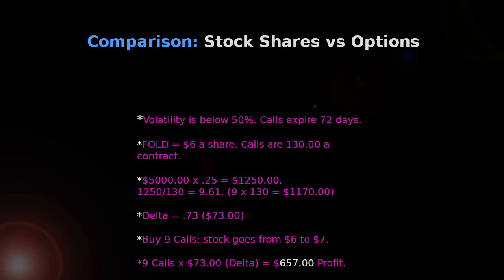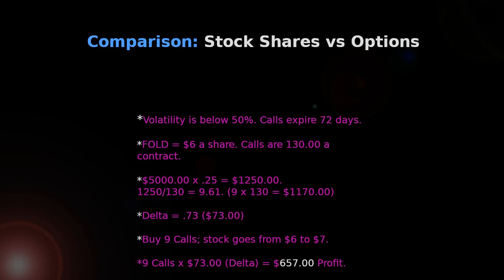Now again, instead of buying stock shares, you take advantage of options and you decide, through charting analysis and using your studies, that FOLD looks like it will advance upward at least $1, from $6 to $7, over the next 5 days. And you decide to buy call contracts with volatility being below 50%. You see that the calls that you are interested in expire 72 days from now and they will cost you $130 apiece.